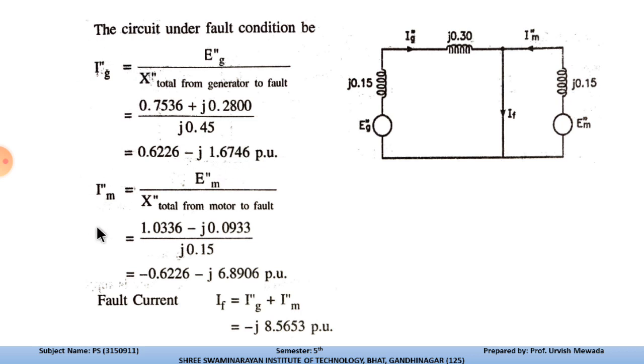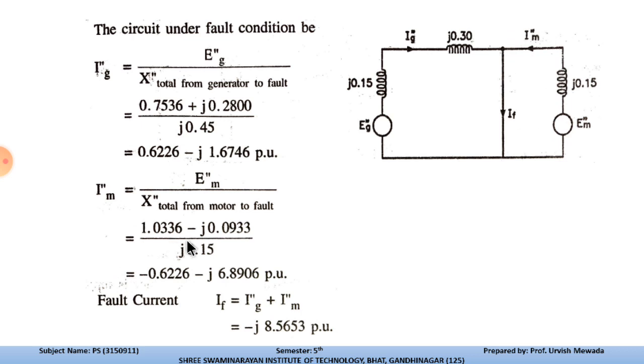Then we can calculate for the motor as well. IM double dash is EM double dash divided by X double dash total from the motor to the fault. EM double dash is 1.0336 minus j0.0933, and the reactance offered by the system after the fault point is 0.15.